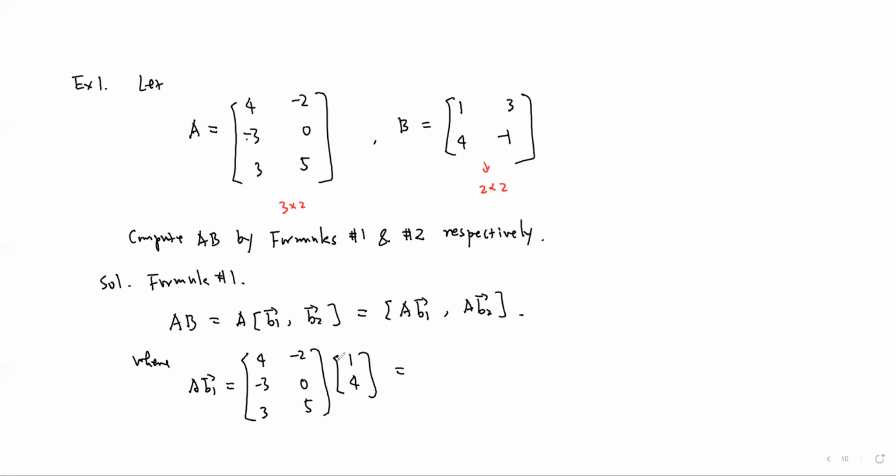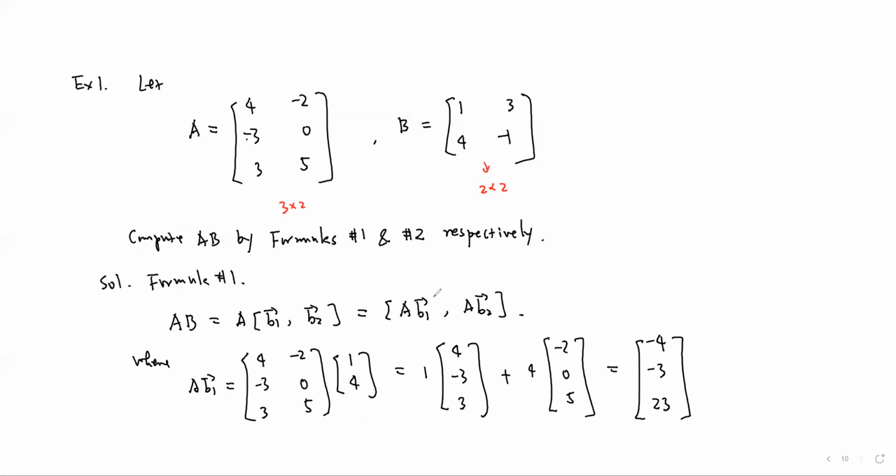So it is the first column times 1, and then 4 times the second column. This is 1 times all entries, 4 times all the entries, then add them together. So it is 4 plus 8, 12... the entries come out as 4 minus 8, so -4; -3 plus 4 times 0, -3; 3 plus 4 times 5, 23.